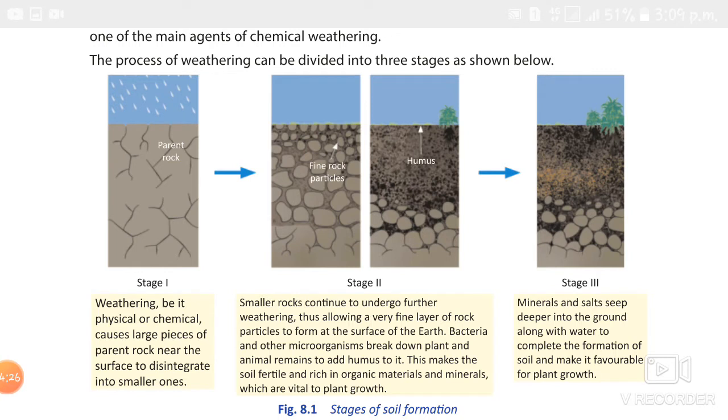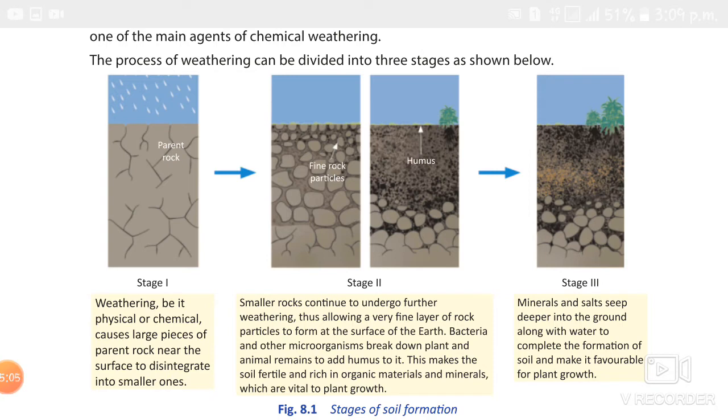This makes the soil fertile, because it is rich in organic materials and minerals, and it is useful for plant growth. In the third stage, minerals and salts seep deeper. Seep means they enter into the soil. This is also useful for plant growth. Like that we studied the three stages in the last class.